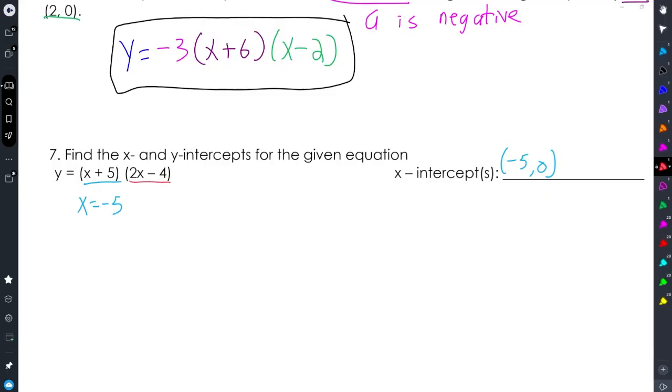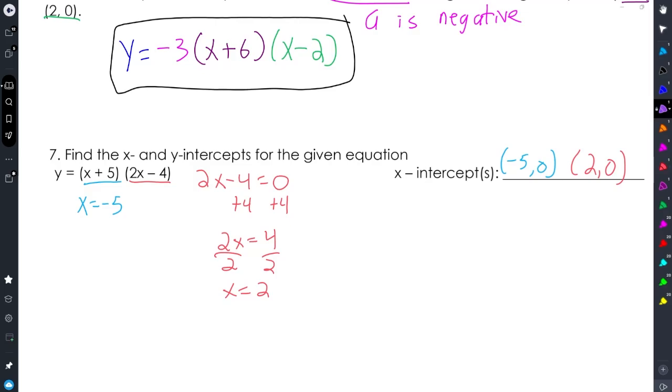You can't just say positive 4 because it's the opposite of negative 4, because it's 2x. If I do 2 times 4 minus 4, that doesn't give me 0. So 2x minus 4 equals 0. Add 4 to both sides. 2x equals 4. And then we divide by 2. x is equal to 2. So our other x-intercept is 2 comma 0.